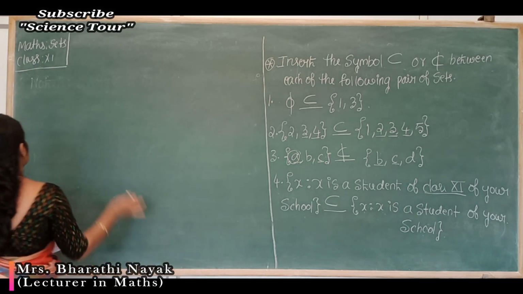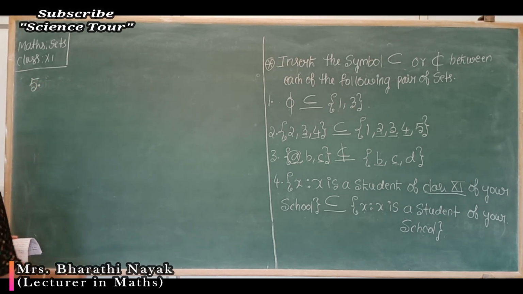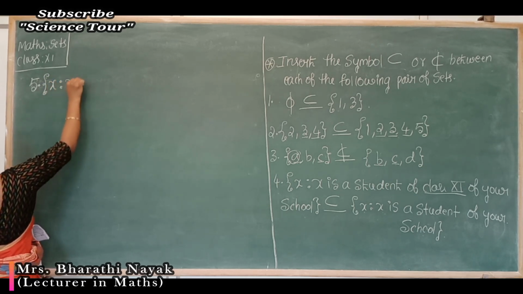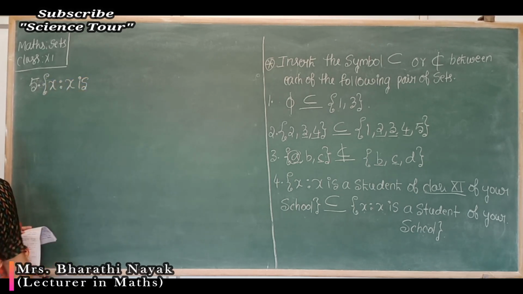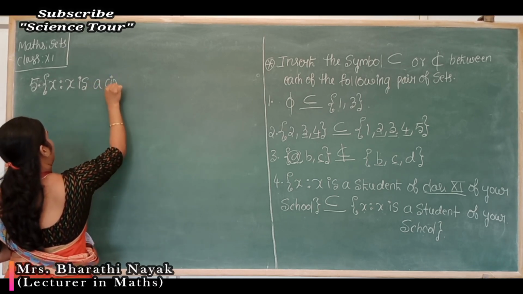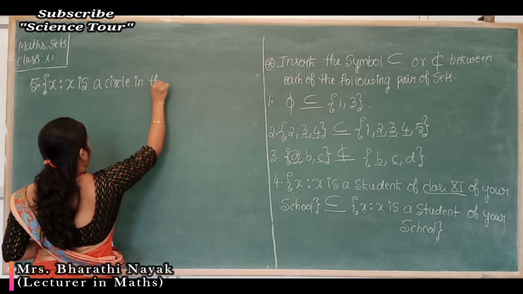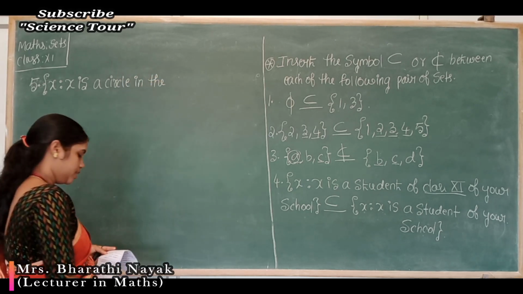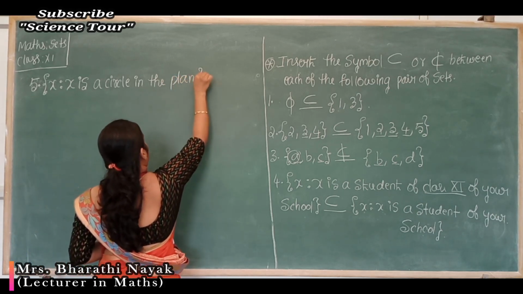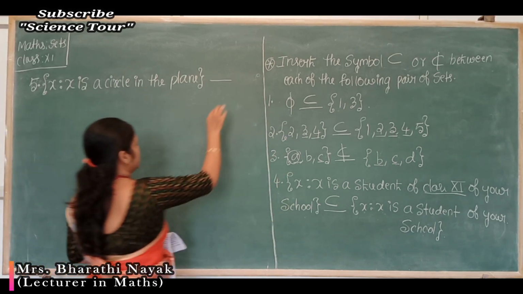Fifth question I will consider. Your fifth question is about the set of all x such that x is a circle in the plane. Okay, so what about your second set?